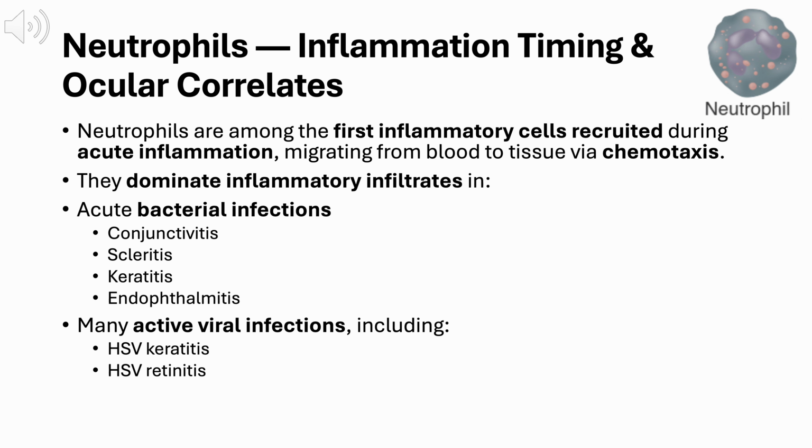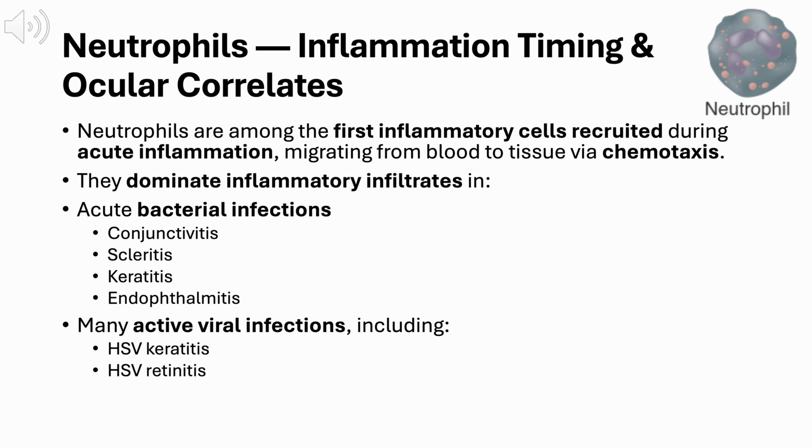In the eye, this includes bacterial conjunctivitis, keratitis, endophthalmitis, and some forms of scleritis. They may also be prominent in active viral infections, particularly herpes simplex keratitis and herpetic retinitis. Clinically, the presence of a neutrophil-predominant response should therefore raise concern for an active and potentially tissue-destructive infectious or acute inflammatory process.